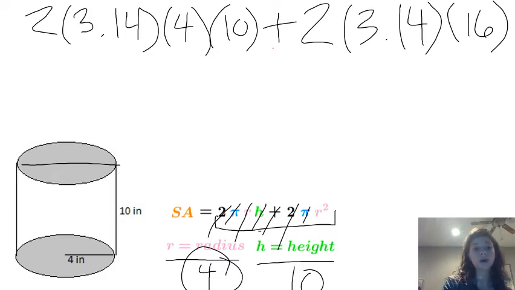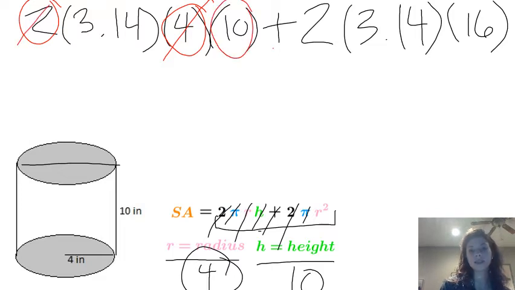So let's go 2 times 4 times 10, and then at the end, let's come back to 3.14, okay? So 2 times 4 is what? 8, and 8 times 10 is 80. All right, so now we have 80, and we need to multiply that by 3.14.